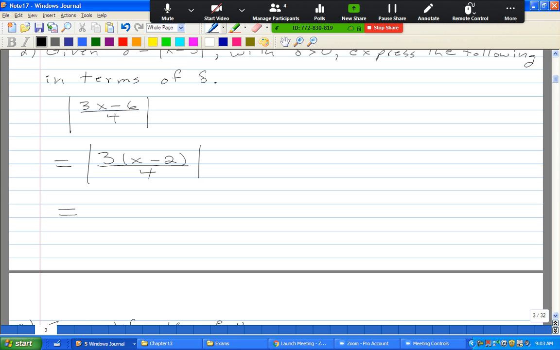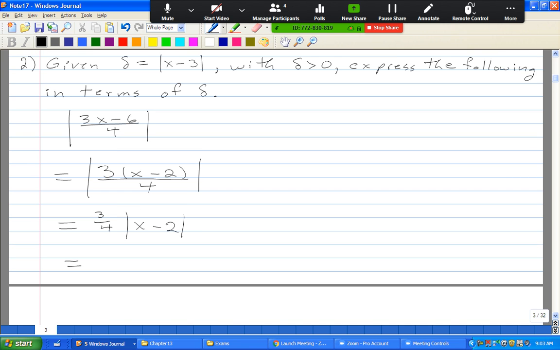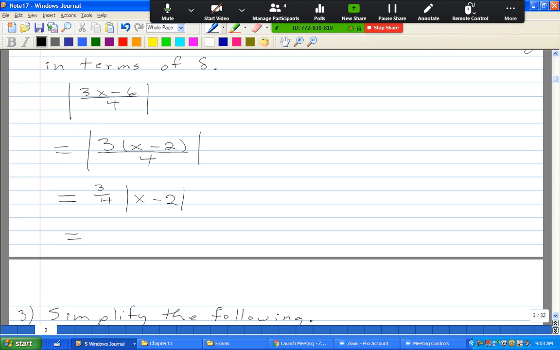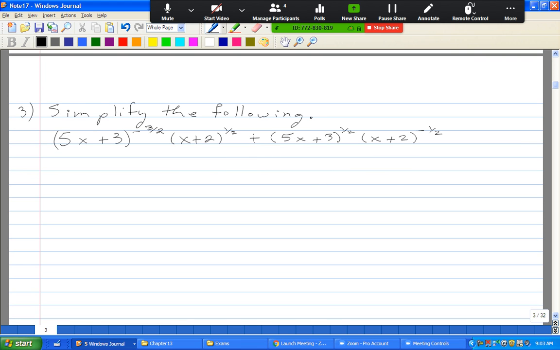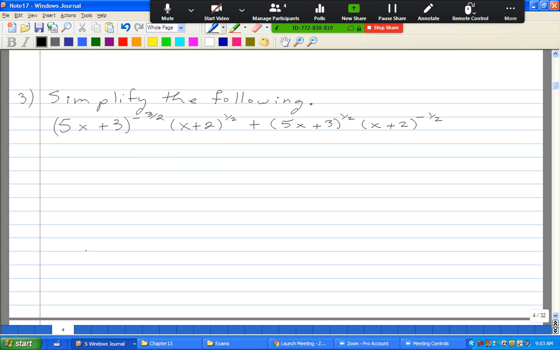The absolute value of a product is the product of the absolute values. The absolute value of 3/4 is 3/4. And x minus 2, it's in terms of x minus 3.